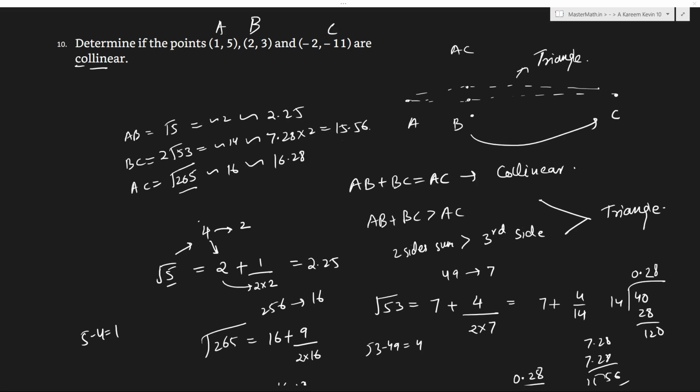So are these 3 points collinear? Yes or no? No, sir. It's a triangle. Okay. So now remember this. This is what we will be using for triangle also. Anytime you see a triangle related question, this is exactly what we need to do. And here actually it came out to be a triangle, right? So this is not collinear, it's a triangle.